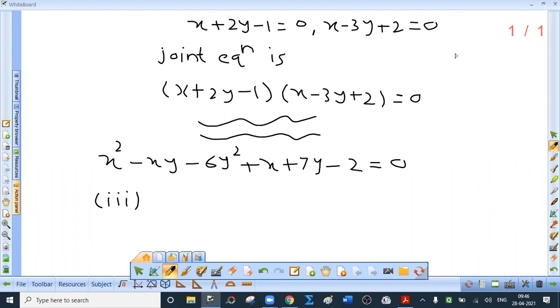As these pass through the point 2, 3, 2 equal to a, 3 equal to b.